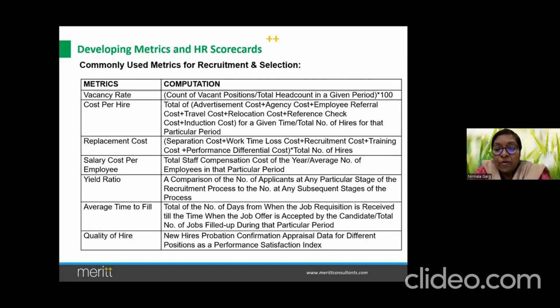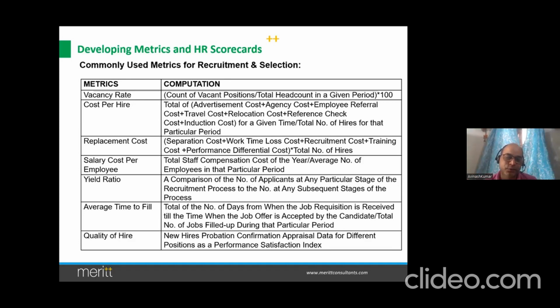It starts with the requisition, and then what will you actually look at? Sourcing channels. So can you look at a yield ratio? For example, what percentage of CVs have you got from every channel?